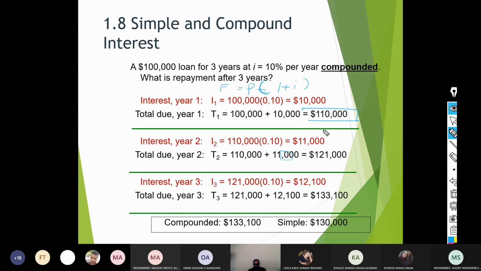Now, if I want to make 3 years, I just have to make it to the power of 3. What about if I want to make 25 years? No problem, only put 25. Because this is the original type of compound. As you can see, once you put to the power, you are accumulating.